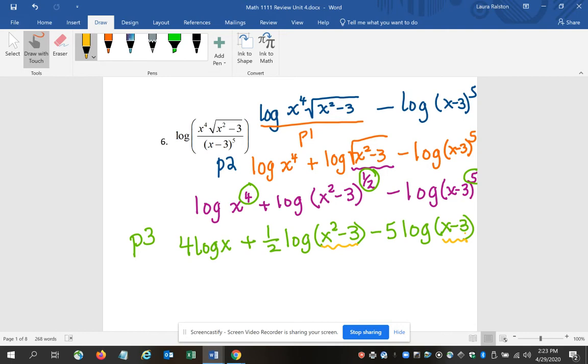Also, none of the properties talk about doing anything if you have subtraction, which is the operation in both of those pieces. So this would be your most appropriate answer, this one here in green, 4 log x plus 1/2 log of x squared minus 3 minus 5 times the log of x minus 3.